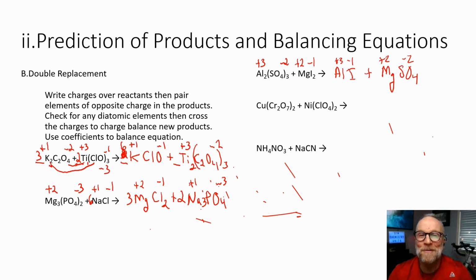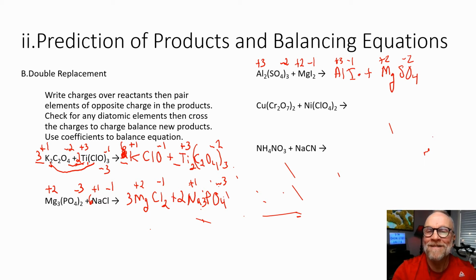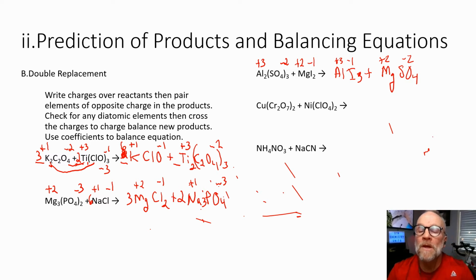Okay, so let's not get in a hurry this time. Let's charge balance our compound before we try to balance it. Put a 3 here, right, because you got 3 and a 1. You got a 2 and a 2, and so you don't need to crisscross those because that's a 1-to-1 ratio. And so now we are ready to balance.